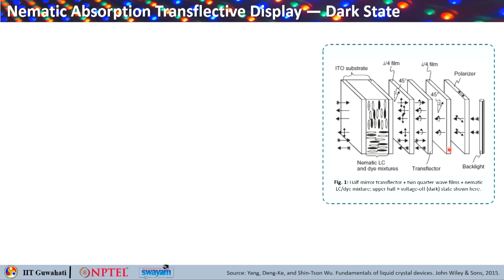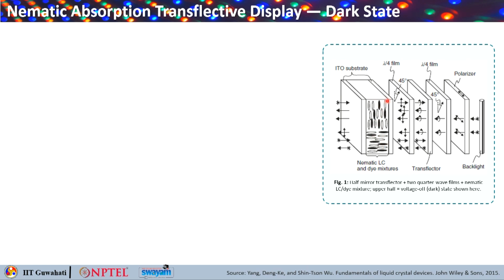One is positioned on either side of the transreflector, so the transreflector is getting sandwiched between these two, and then you have a homogeneously aligned liquid crystal layer doped with the dyes. So you can see the black ones can be the dyes.